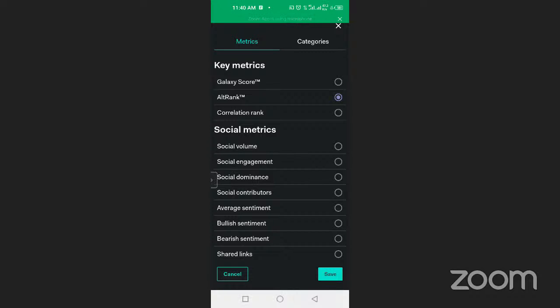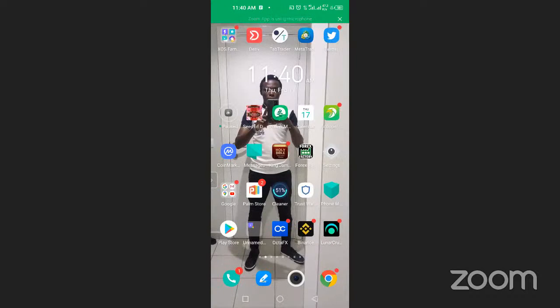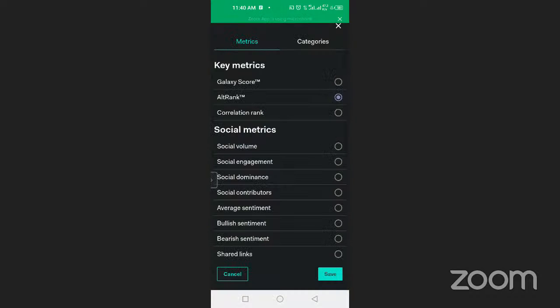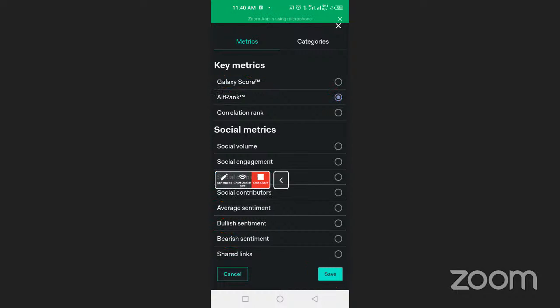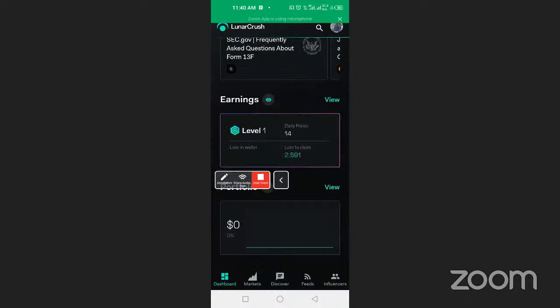When it opens, maybe yours was under sharing or under bullish. Check up here, you will see Galaxy Store, you will see Outround. Click this one and then click save.